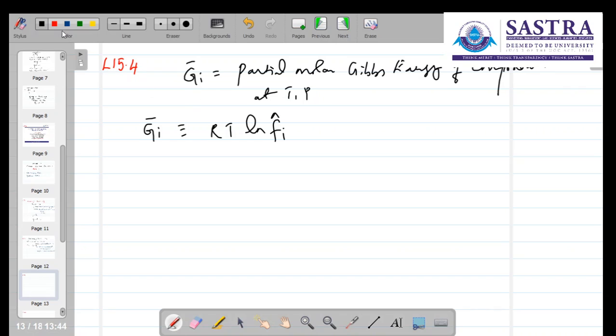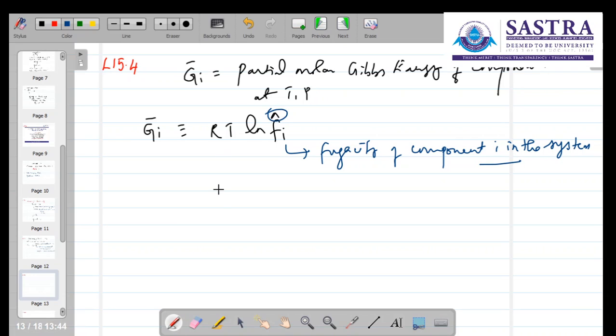Now f i cap denotes the fugacity of component i in that system. So this is not its pure component fugacity, it's the fugacity of the component in the solution system. So that's why you have this notation of f i cap.